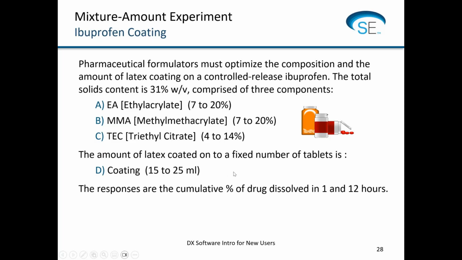Then we're going to take whatever formulation is specified, put some ibuprofen tablets in a laboratory mixer, a coater, and then inject 15 to 25 milliliters of this mixture into the coater, and then we'll measure the time release properties of the resulting tablets.